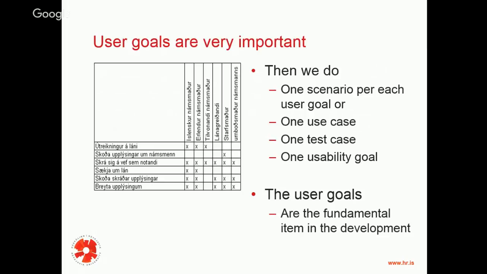We have 6 goals there, and 6 user groups. I'm marking which of the user groups have these goals. So you can see which goals are important. This one, which all of them have, is to identify themselves, to register.